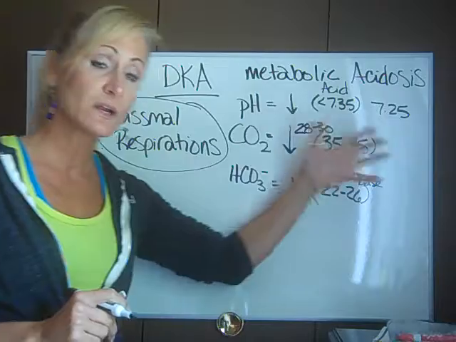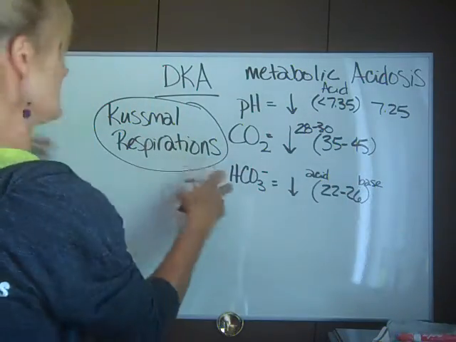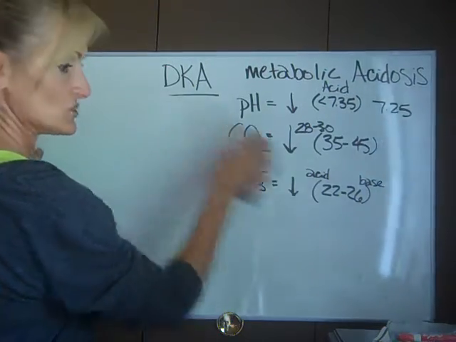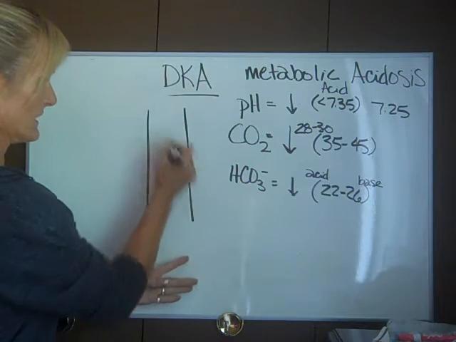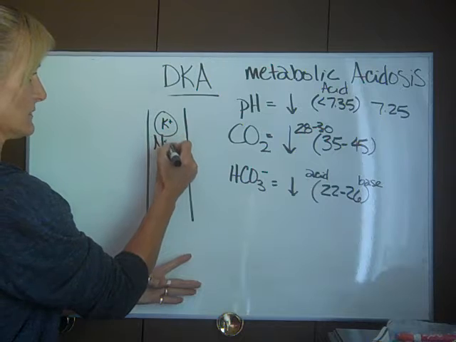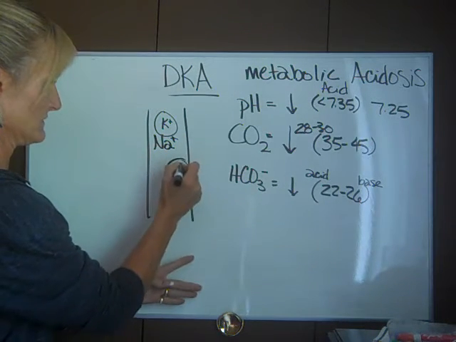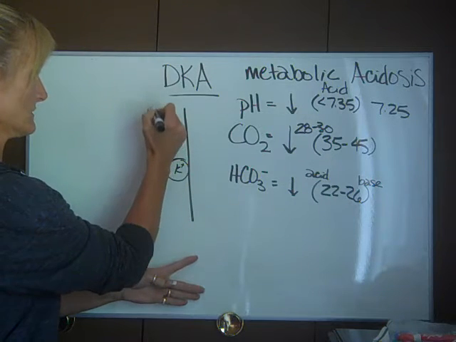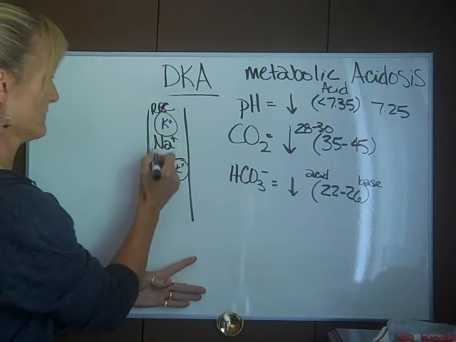What is occurring here in your patient who has DKA is a very hypertonic situation. So here's our blood vessel again, okay? And you've got your regular stuff in there. You've got your potassium, you've got your sodium. We'll give this person a little bit more potassium. And you've got your red blood cells in here. Here's the problem in DKA.